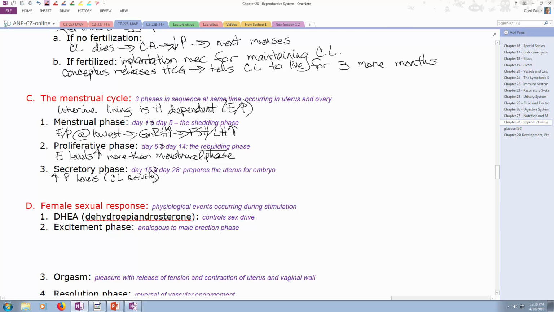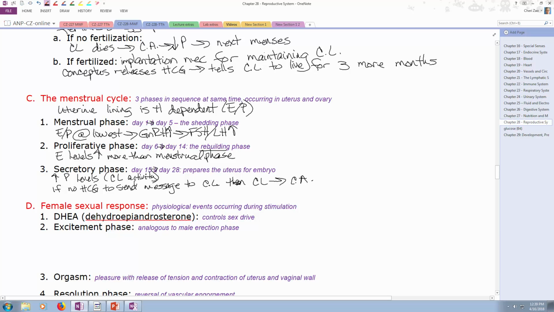And again, if no HCG to send the message to the CL, then the CL becomes CA, corpus albicans.